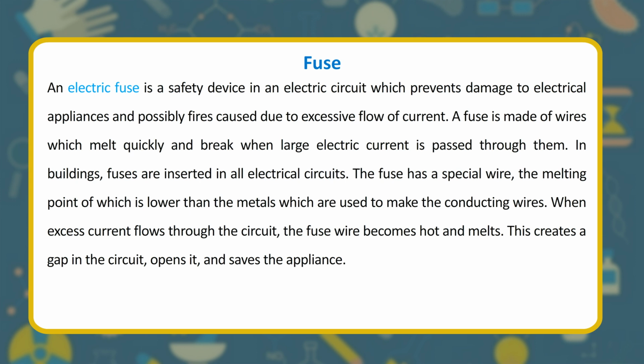In buildings, fuses are inserted in all electrical circuits. The fuse has a special wire, the melting point of which is lower than the metals which are used to make the conducting wires. When excess current flows through the circuit, the fuse wire becomes hot and melts. This creates a gap in the circuit, opens it, and saves the appliance.